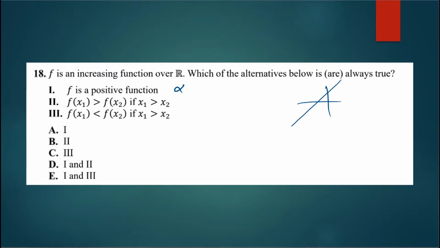If f of x1 greater than f of x2, that means x1 greater than x2, this is okay. Because for an increasing function, if x1 is smaller than x2, the function of x1 is smaller than the function of x2. That's correct. And the other one is the opposite. This is incorrect. This is the decreasing definition. This is the increasing, this one is the decreasing. So I believe only number 2. Okay.